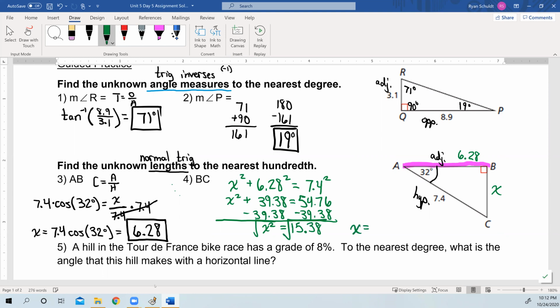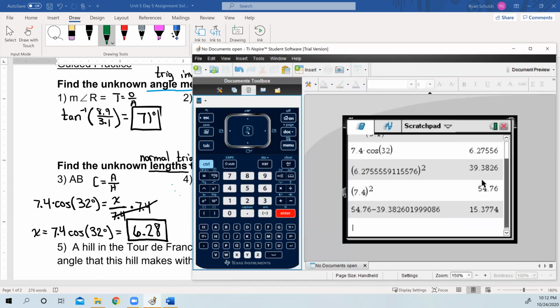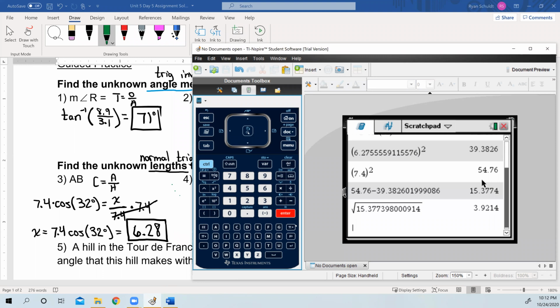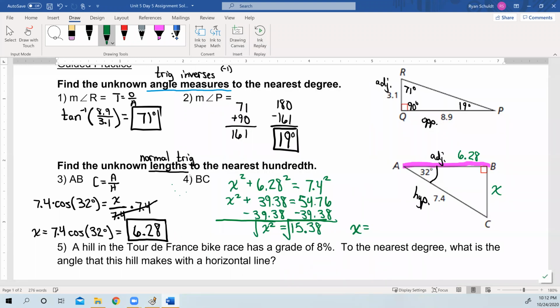And for x, I get 3.92. There's my other side.